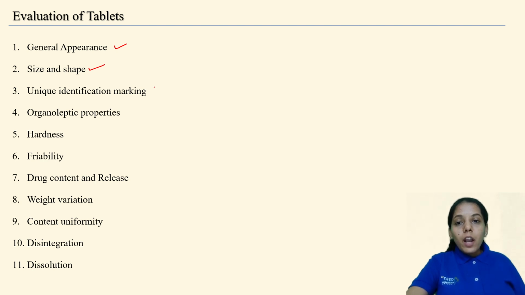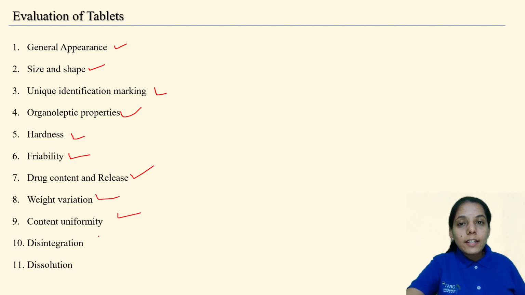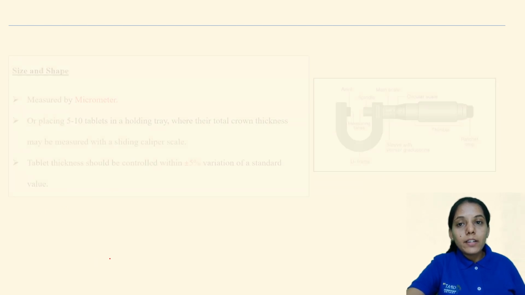Then unique identification marking, organoleptic properties, what is the hardness of the tablet, how it is measured, friability, what should be the limit of friability, what should be the drug content and the release, weight variation, content uniformity, disintegration, and dissolution. These are the parameters that have to be evaluated in case of tablets.